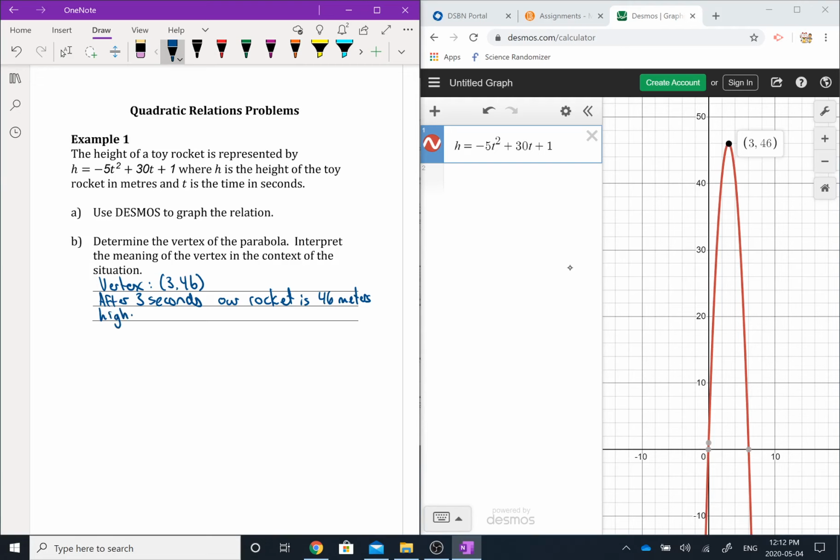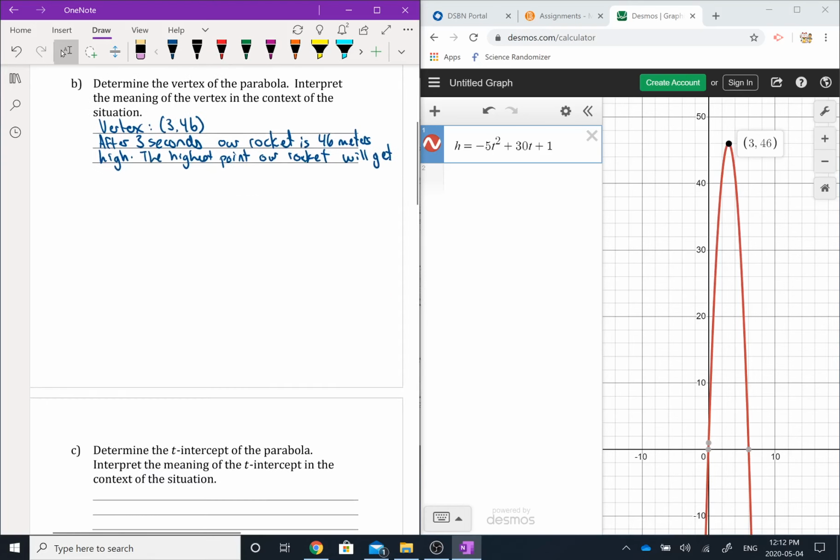You could also say that the vertex is the highest point our rocket will get. There's no other point that's higher than this, so that's the highest.